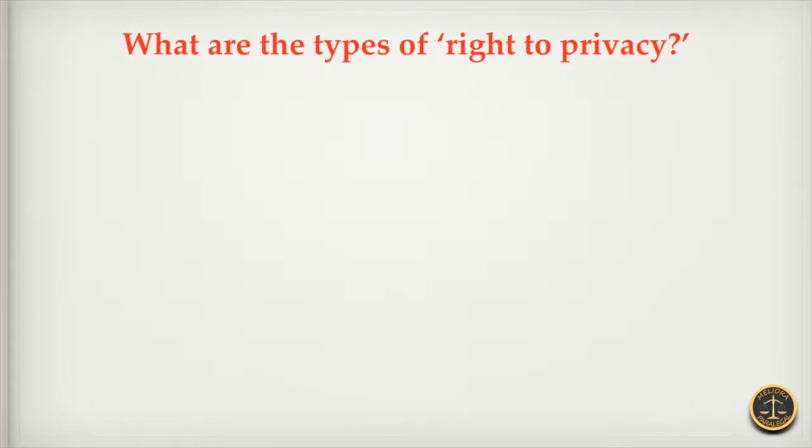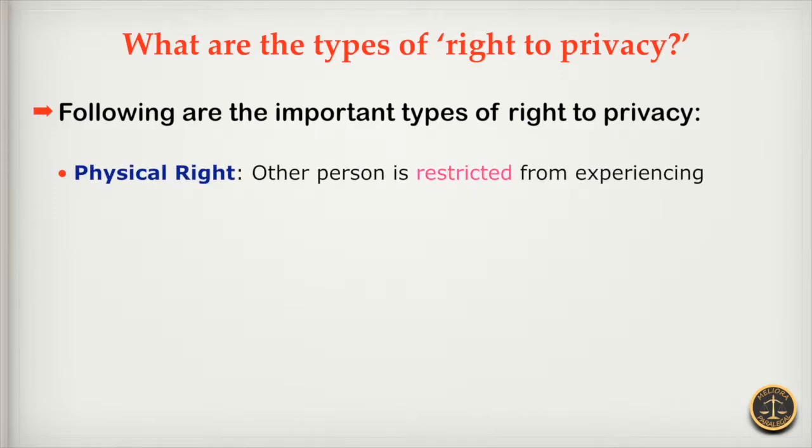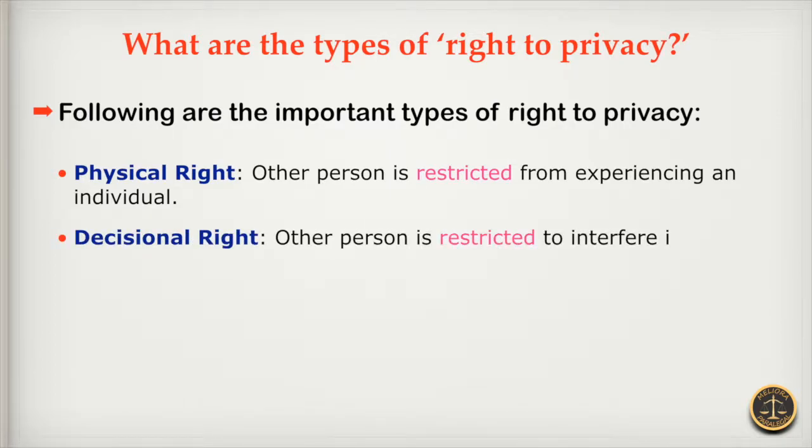Now the question is, what are the types of right to privacy? Following are the important types of right to privacy. Physical right: other persons are restricted from experiencing an individual. Decisional right: other persons are restricted from interfering in someone's decision making.